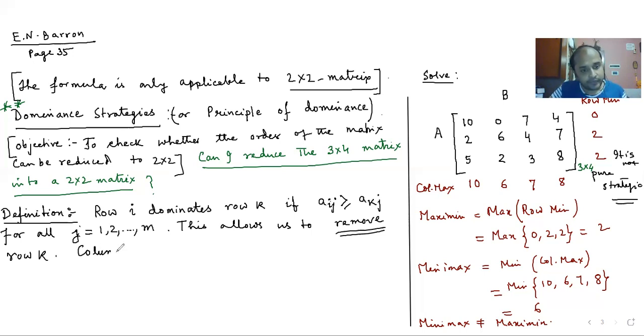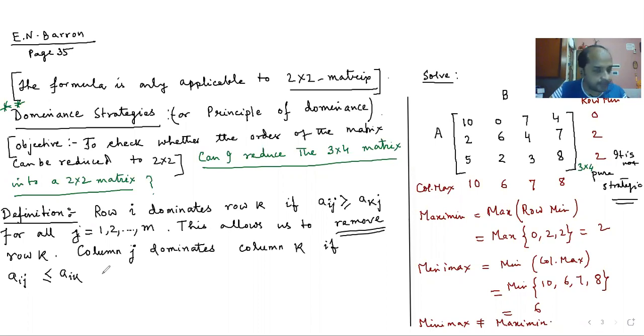Column j dominates column k if A_ij is less than or equal to A_ik, for i equal to 1 up to n. This allows us to remove column k.